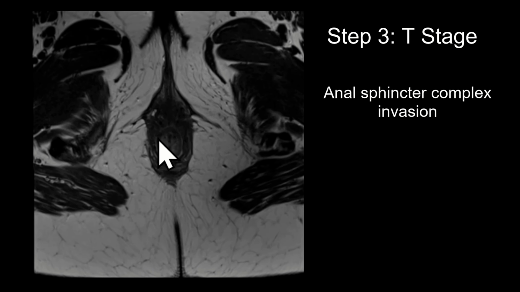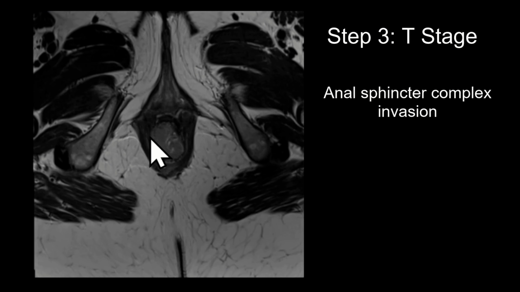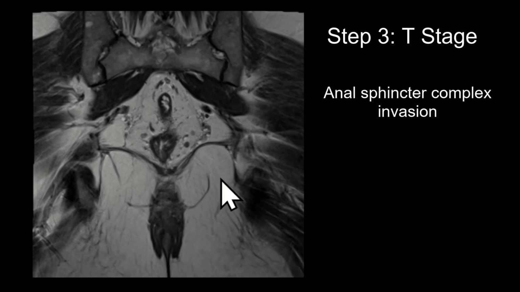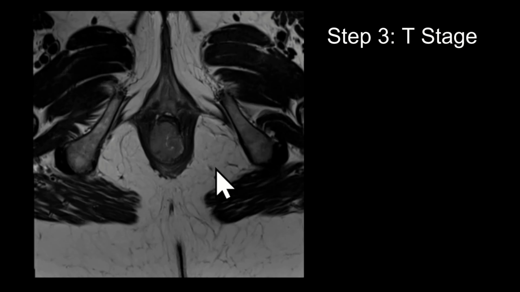And so there's clear involvement of the internal sphincter, which is here. So this is all tumor signal involving the internal sphincter. There's also involvement of the intersphincteric plane and that CLM that we described, and the external sphincter is spared. We, of course, want to look at this closely on oblique coronal high-resolution images as well.